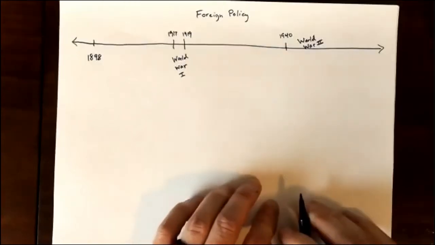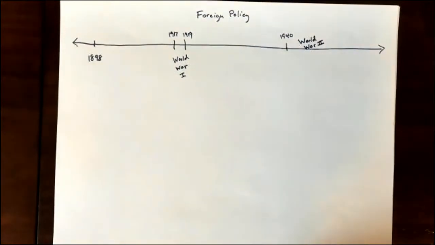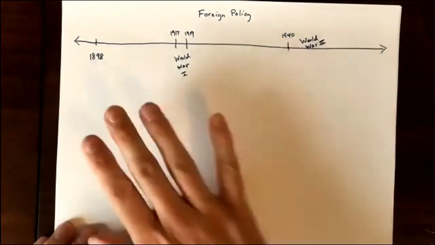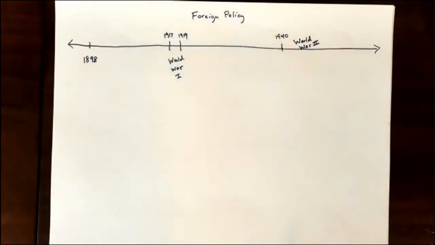Obviously the world wars happening during this time period are going to play a huge role in shaping America's foreign policy. So we want to talk a little bit about what defines America's foreign policy, and this is all period 7 right now.